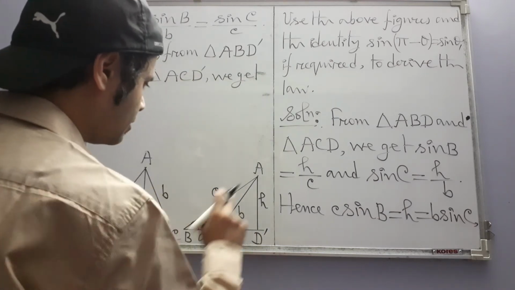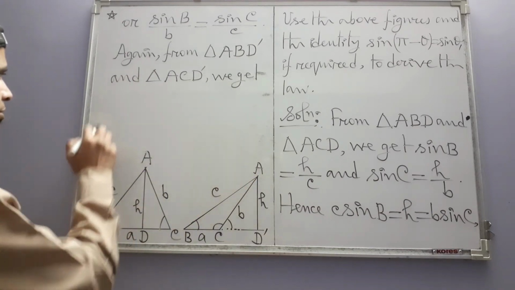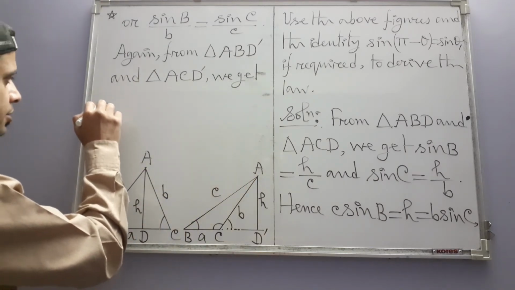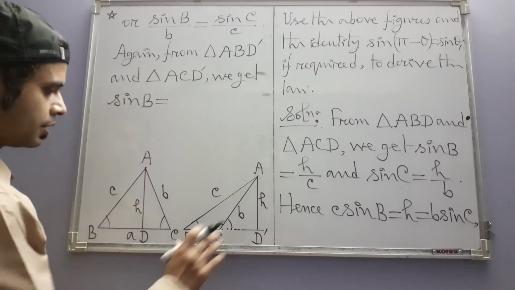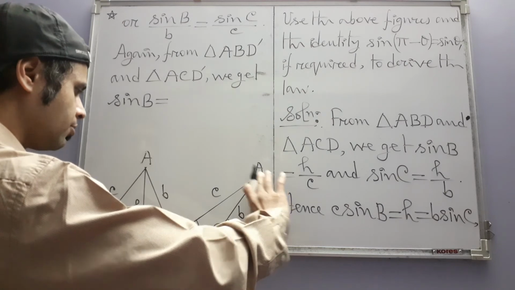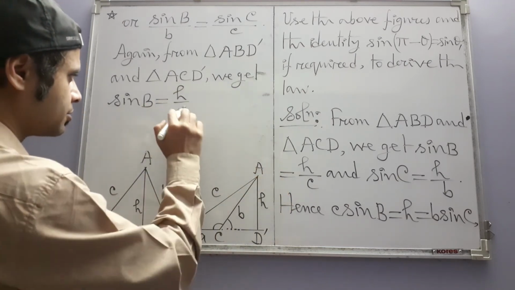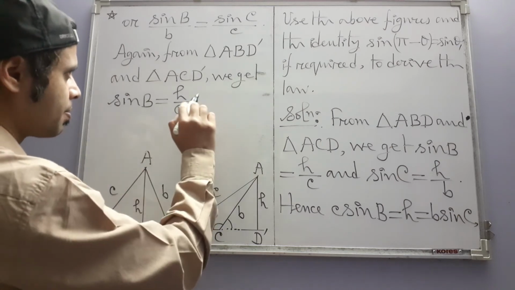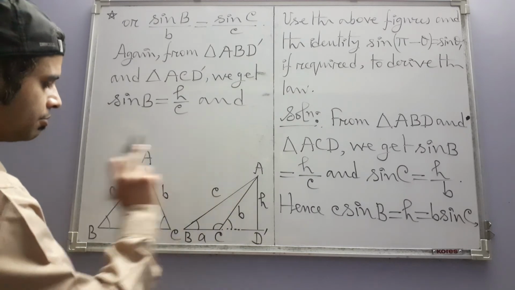So we are going to get from these two triangles, from this one of course we just simply get sine B is equal to perpendicular h divided by hypotenuse, same thing here also, h divided by c. And what about this one?